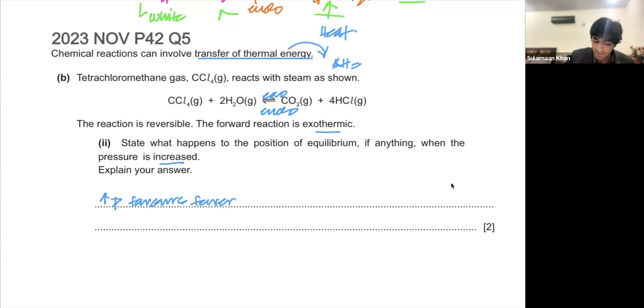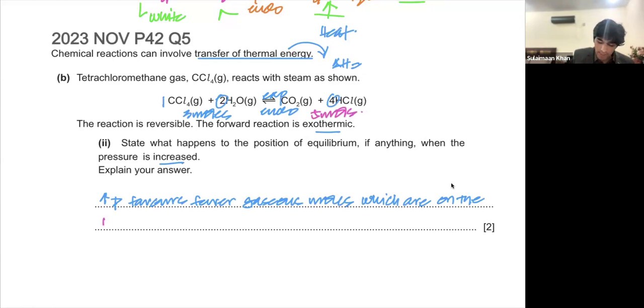So increase in pressure favors fewer gaseous moles, which are on the which hand side? You have to tell the examiner, right, which are on the, देखिए, on the left hand side you have 1 and 2, you have 3 gaseous moles on the left, and you have uno, dos, tres, cuatro, cinco, so you have 5 moles of gas on the right, right? So where are fewer moles?